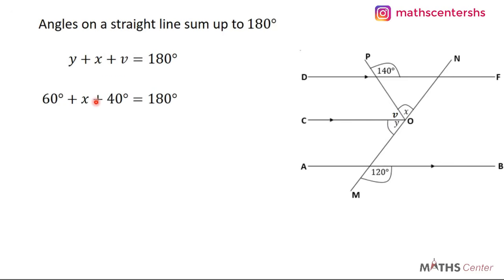Y is 60, v is 40. So 60 degrees plus x plus 40 degrees gives 180 degrees. So x gives me 80 degrees after I simplify.